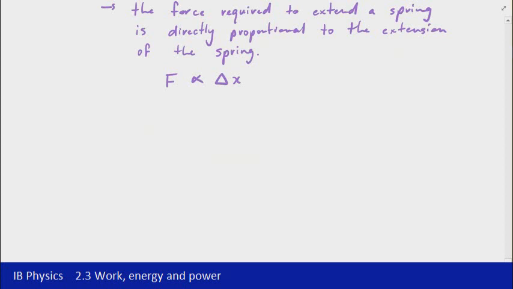If we turn that into an equation, we then write that as being F is equal to k delta x. And we'll just identify here that F is the force in newtons. Delta x is the extension, or in fact the compression as well.